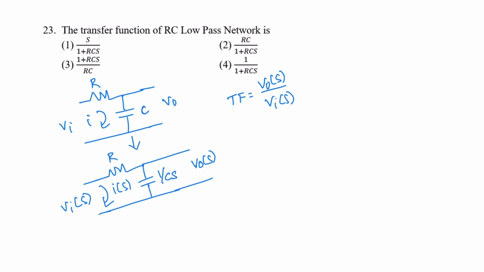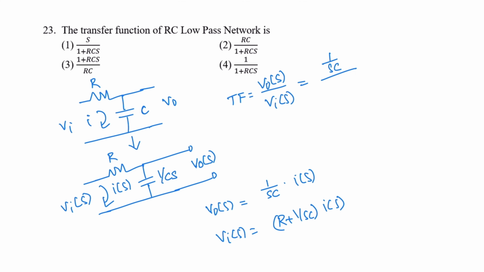So the output voltage V naught of S is 1 by SC into current I of S, and the input voltage VA of S is R plus 1 by SC into current I of S. Now the transfer function is output by input, 1 by SC by R plus 1 by SC, or CS. So that is 1 by 1 plus RCS. So the correct option is 4.